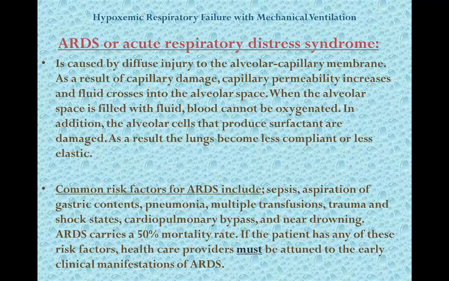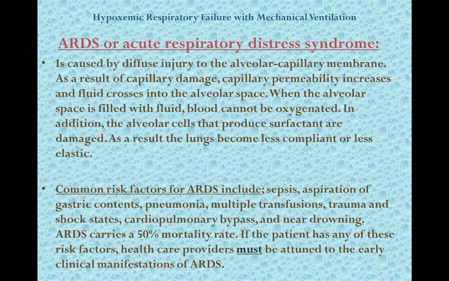But look at the list: sepsis, aspiration of gastric contents, pneumonia, multiple transfusions, and by multiple I mean 10, 12 units of blood that's been transfused, trauma, shock states, cardiopulmonary bypass, and near drowning.